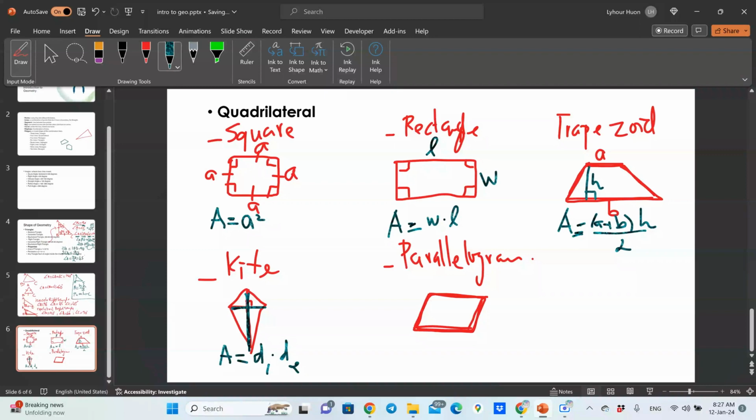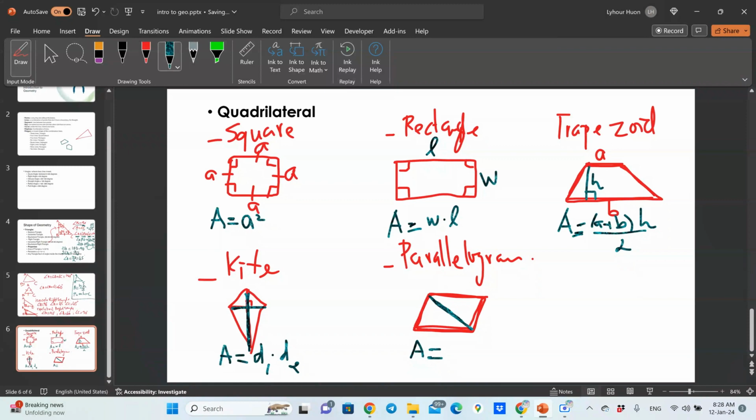How about the area of a parallelogram? Are all the sides equal? No, they're not. What does the parallelogram equal? Imagine if we cut this into two parts. If we draw a diagonal of a parallelogram, what do we see?